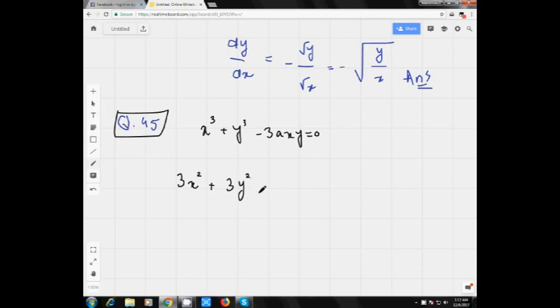Power rule, minus 3a, and here we are going to use the product rule.